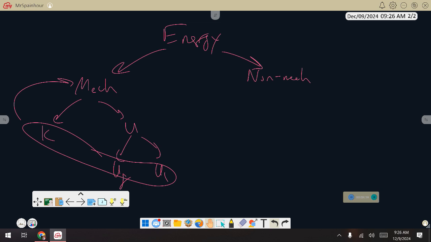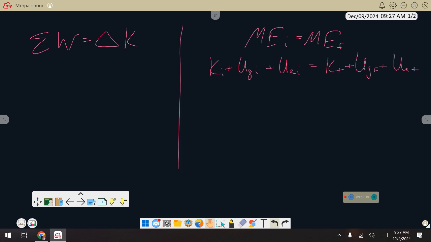So, can it go to a higher hill? No, it couldn't. But, according to conservation of mechanical energy, could it go to the same hill? Yes. In reality, why can it not? Because friction does work.